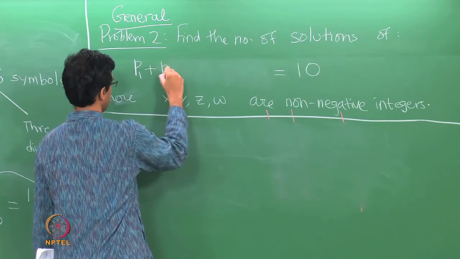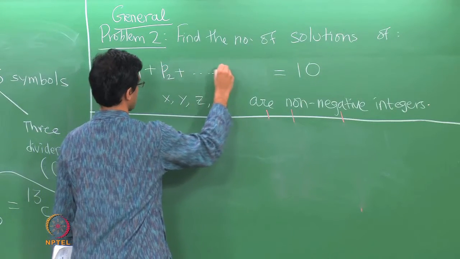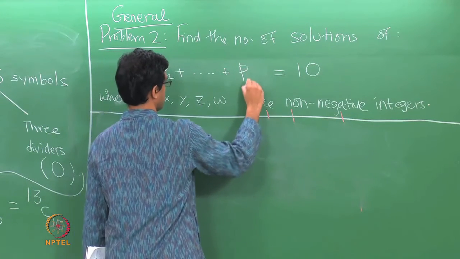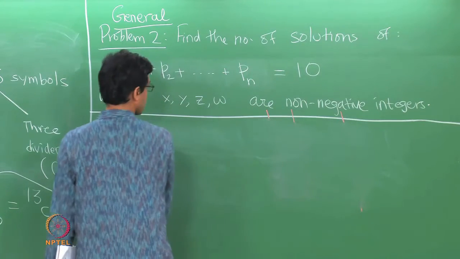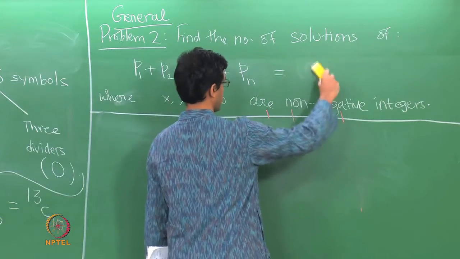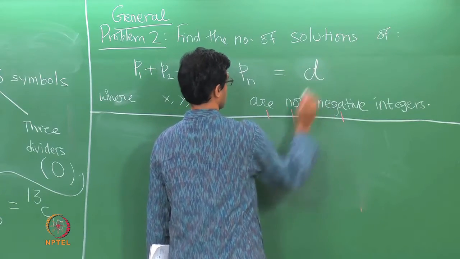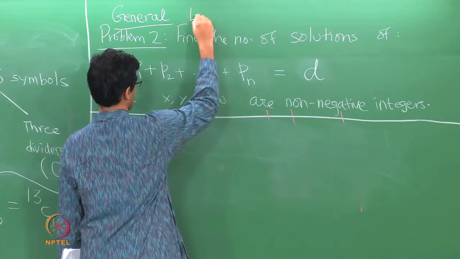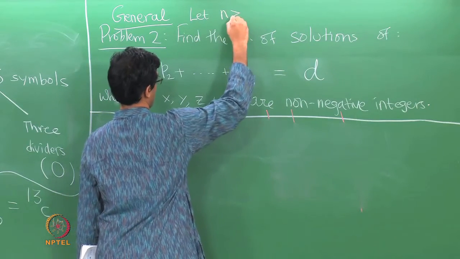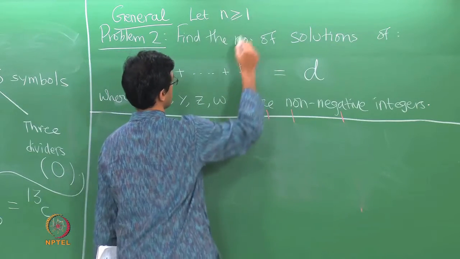Let's call the variables p's, p1 plus p2 plus, so there are n variables, p1 through pn, and the right hand side here was the number 10. In general I could assume it's some non-negative integer d. Okay. So what's the assumption? Let n be at least 1, so there's at least one variable on the left hand side.